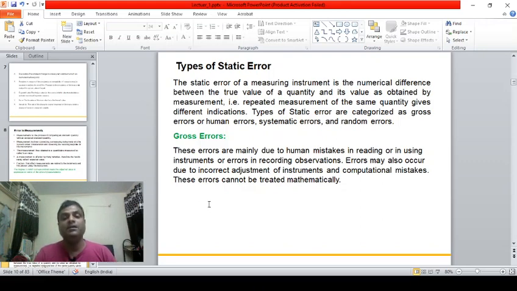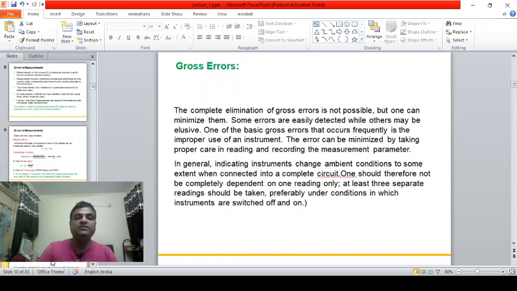We cannot correct it mathematically because it is basically a mistake. Complete elimination of gross error is not possible because it is basically a mistake, but one can minimize it.